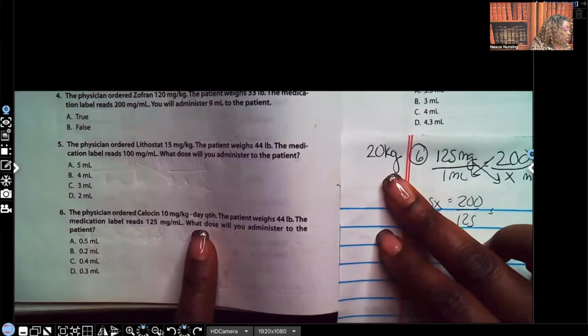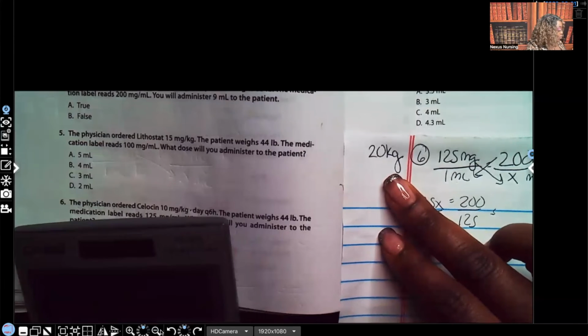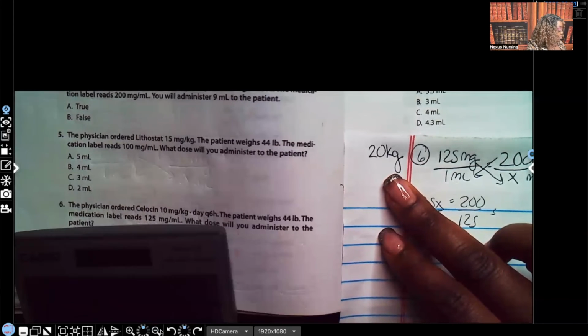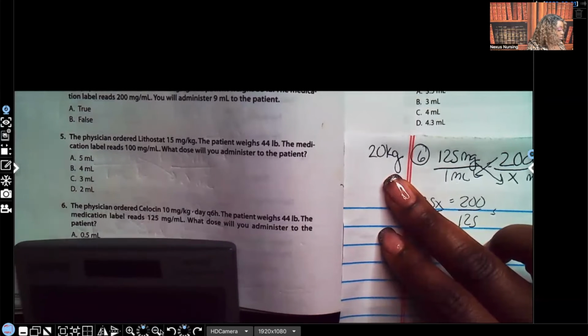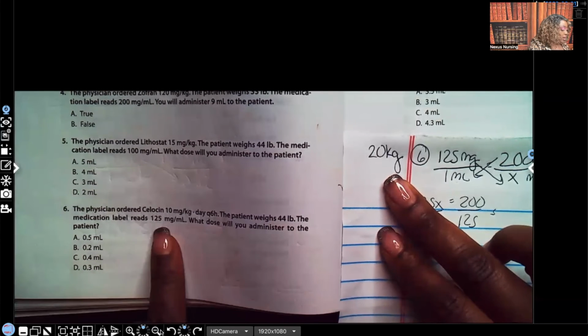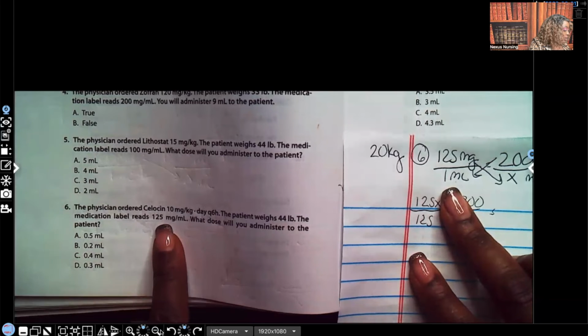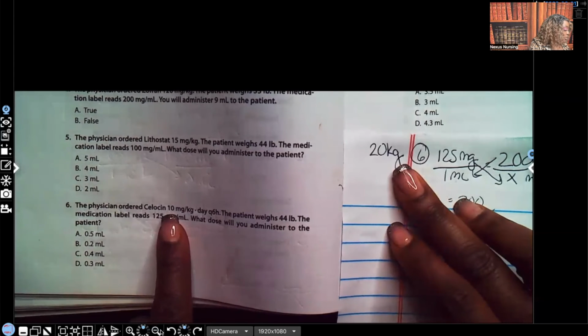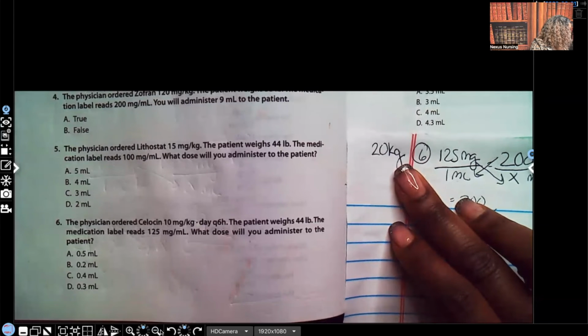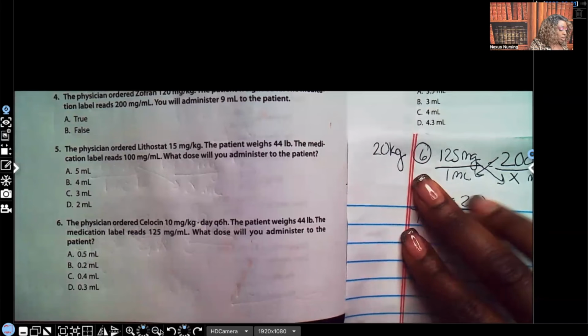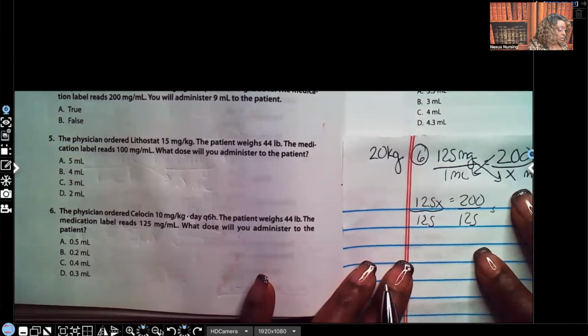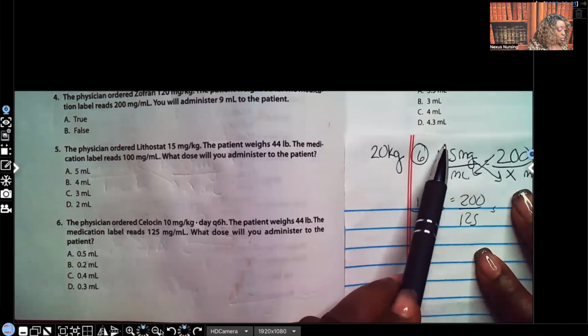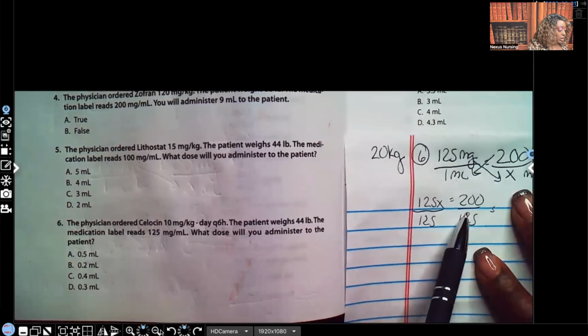My kid weighs 20 kilograms. I mean, do 44 divided by 2.2. Okay, so that's correct. Then I do 125 over 1 ml is equal to 10 times 20, 200, yep, 200 over X. Then I cross multiply: 125X is equal to 200.